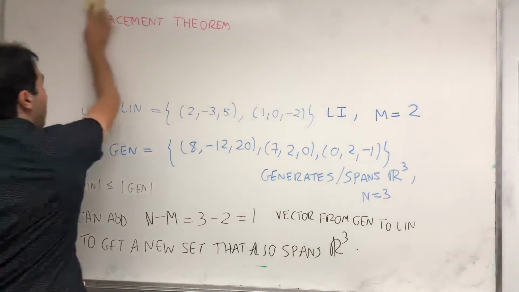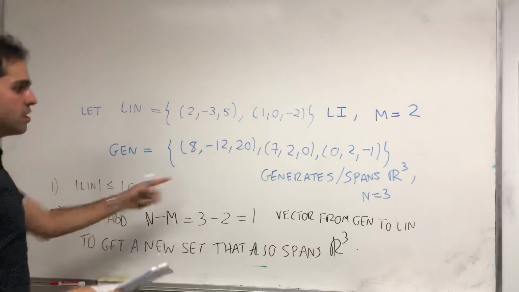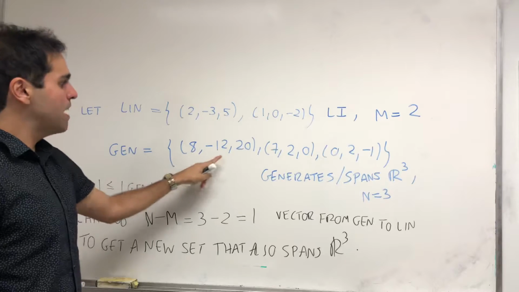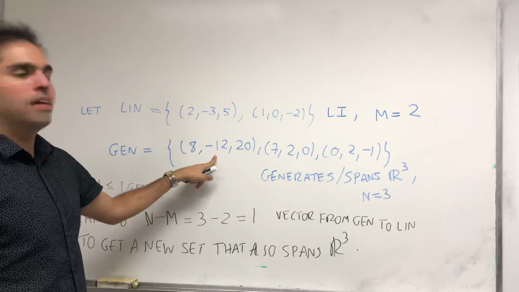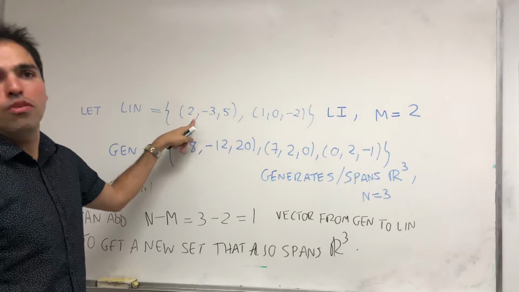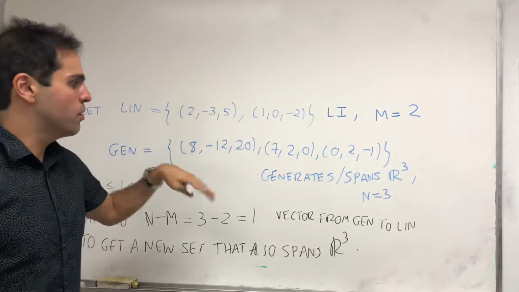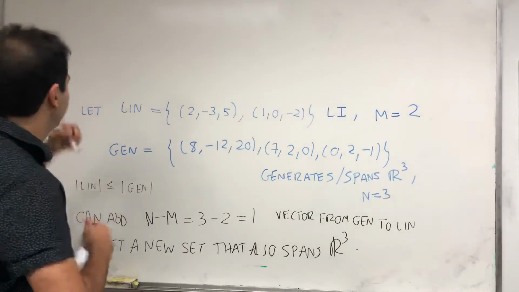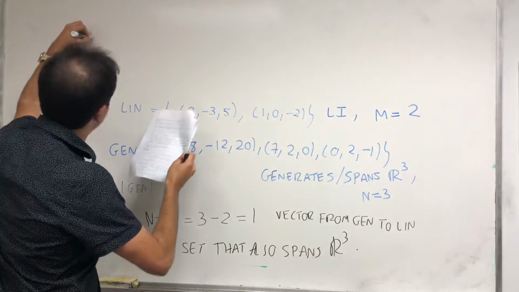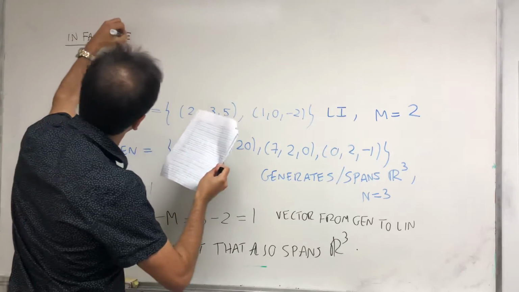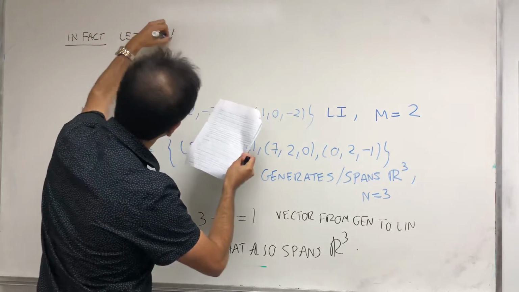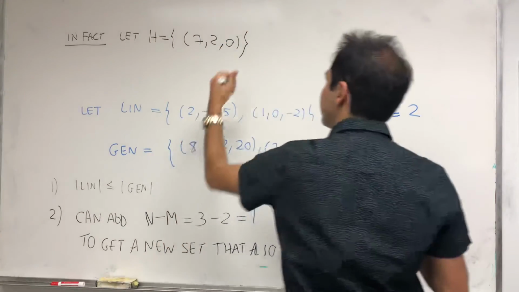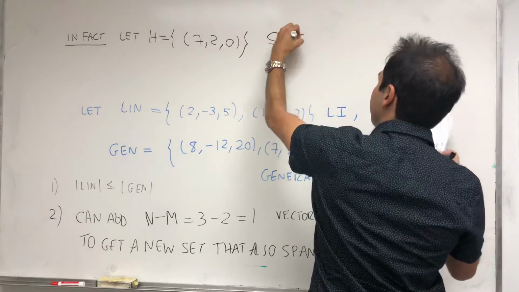And in fact, how do we do this? Well, let's pick some element from gen. In this case, (8, -12, 20) is not a good element to pick because it's a multiple of this, so let's not pick that. For example, we can pick (7, 2, 0). So let H be, again, (7, 2, 0), which is a subset of gen.